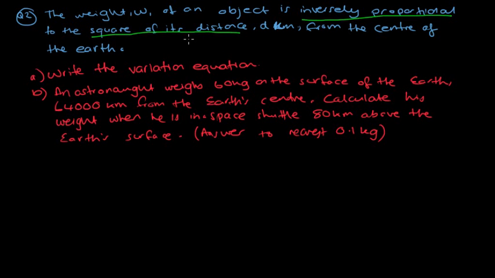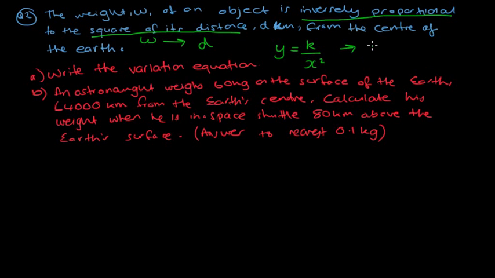Write the variation equation. Well, again, we're going to do that anyway. We know it's inverse, so it's y equals k over, but it's not just x, is it? Because it's the square of its distance, so it's y equals k over x squared. Now let's put in the values they've given us. Y varies with x, so weight varies with distance.